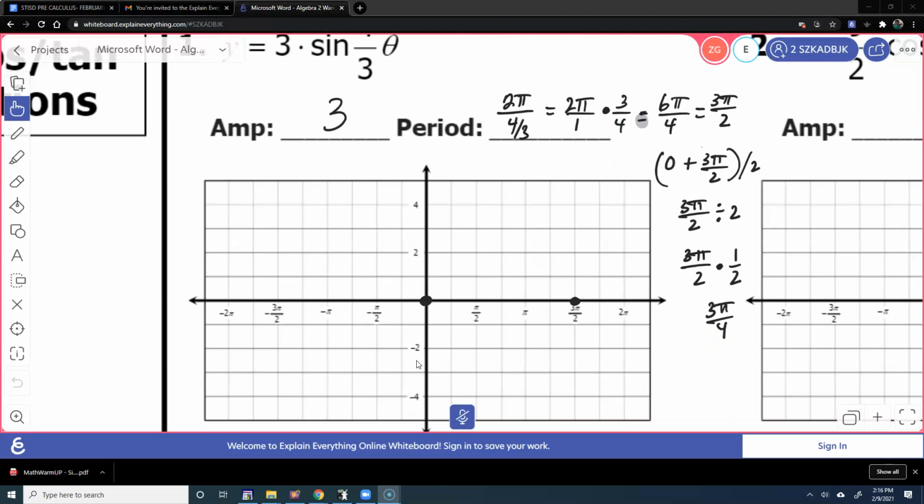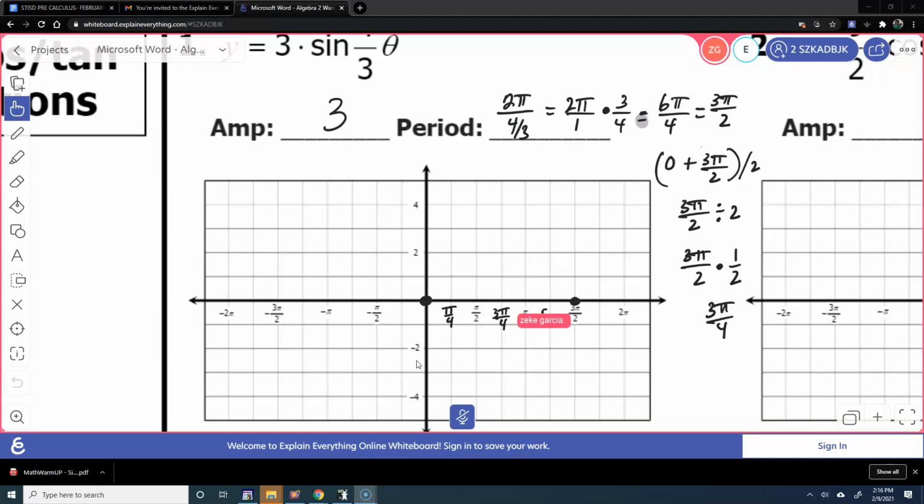So what I'm going to do is start counting by quarters. This is going to be pi over 4. The next one is 2 pi over 4, which reduces to pi over 2. The next one is 3 pi over 4. The next value would be 4 pi over 4, which reduces to pi.